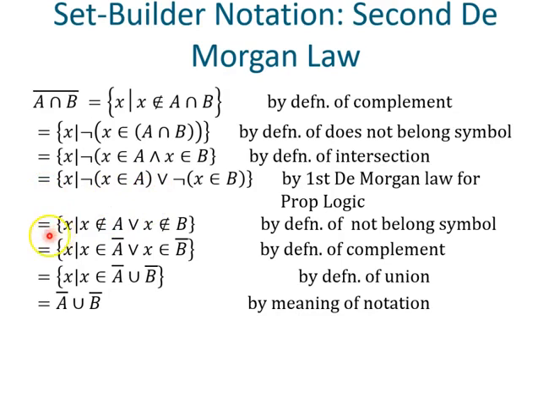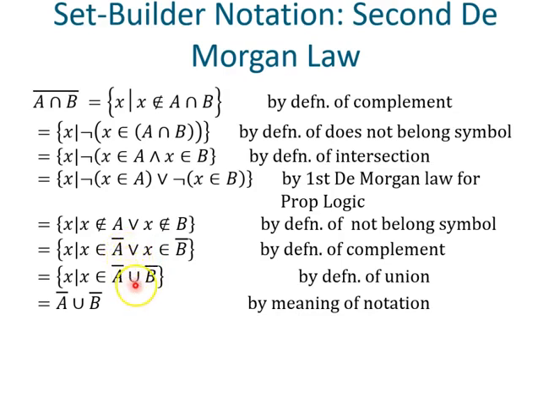Then this means that x is not in A, and this means that x is not in B. X is not in A means that x is in A bar, and this means that x is in B bar. And we have disjunction here.